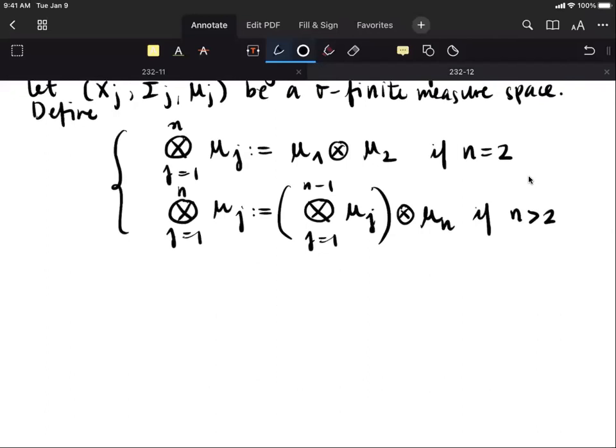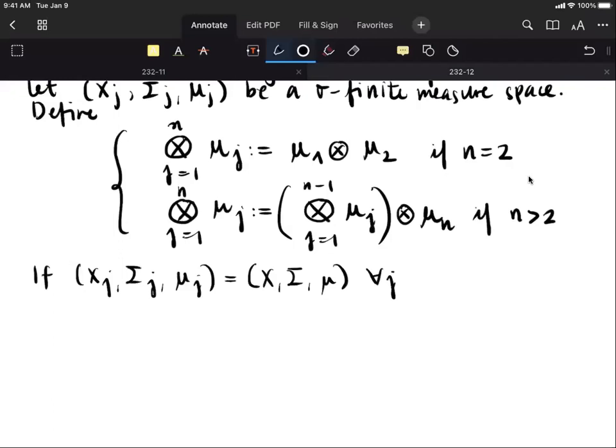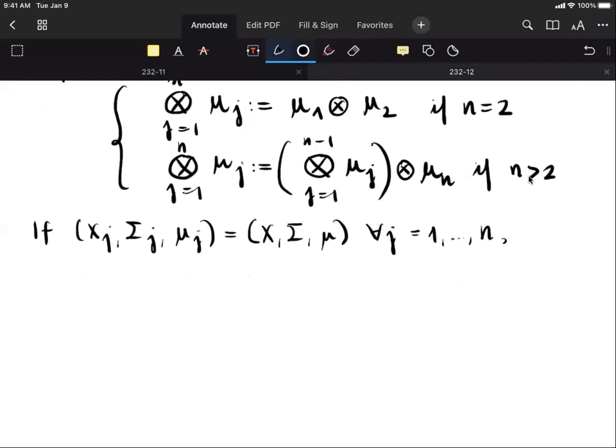In the event that these measure spaces are all the same, let's say we can remove the indices for all j, and then we define X to the n.